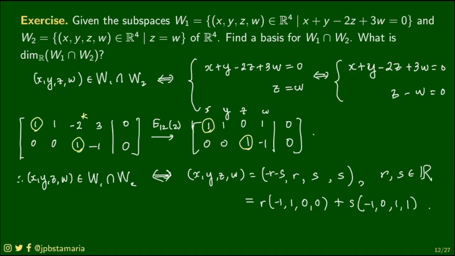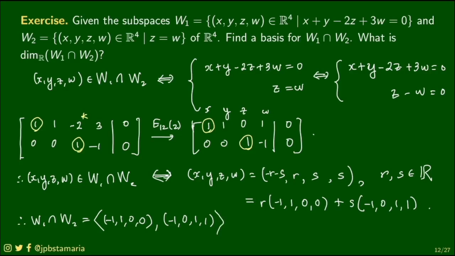As you can see, every vector in the intersection is a linear combination of these two vectors. Therefore, the intersection is the span of (minus 1, 1, 0, 0) and (minus 1, 0, 1, 1). I think that's it, no?